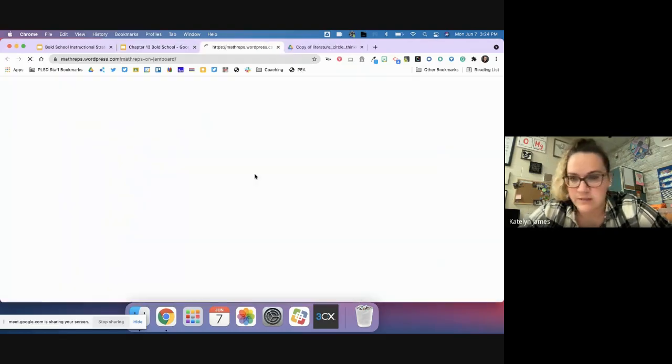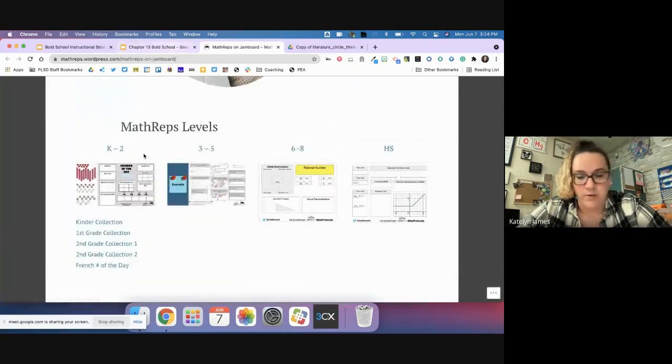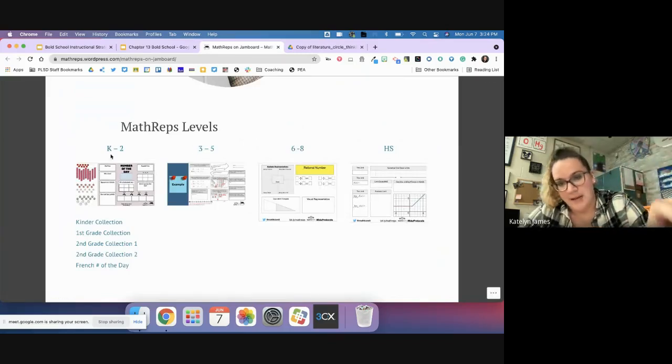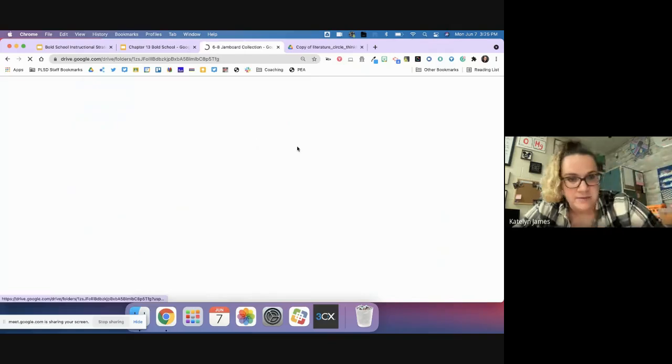Steph, I don't know if you want to have time to just look at where they are. We have them broken up into grade bands. I only looked at the 6th through 8th one because that was what I was more interested in.